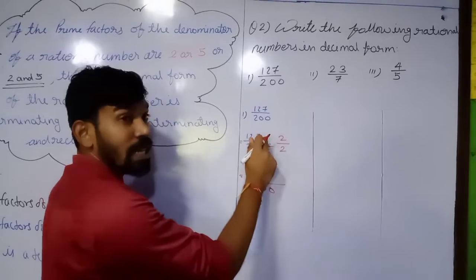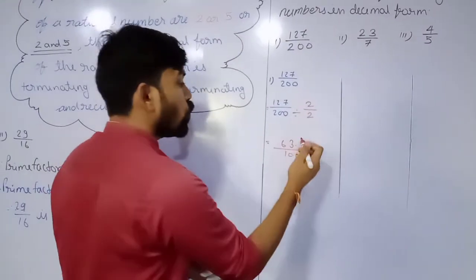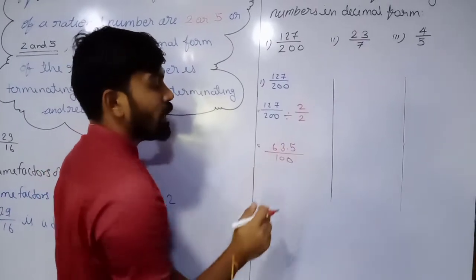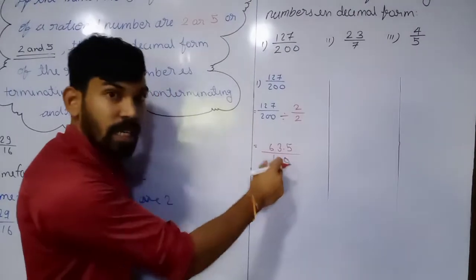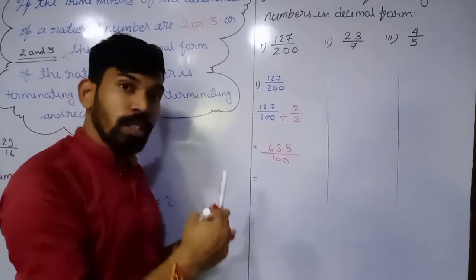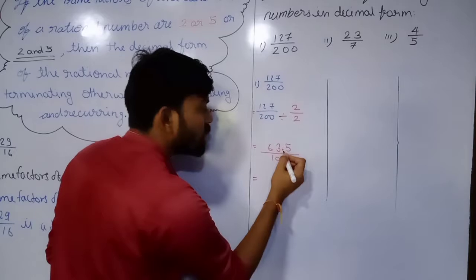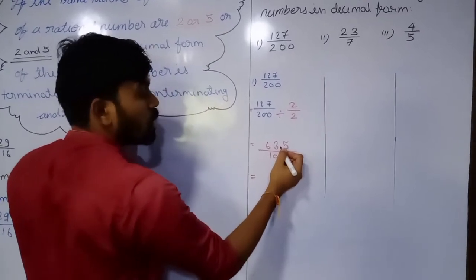7 minus 6 is 1. After the decimal point, 10. The 2 5s are 10. So it will become 63.5. If we have the denominator 100, meaning 2 zeros are there, we have to move this decimal point to the left by 2 digits.